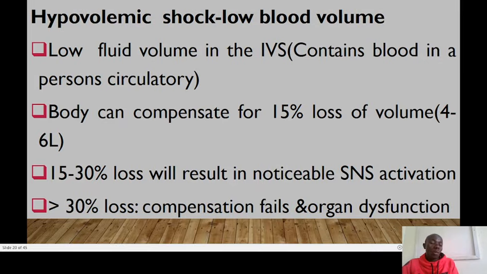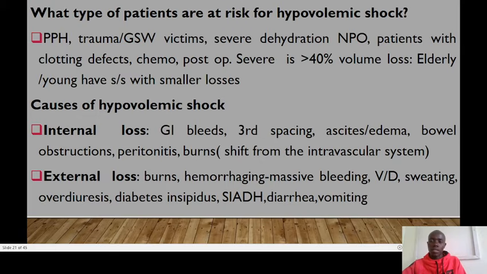Yes, it can compensate for that. But when you have between 15 to 30% loss, this will result in noticeable CNS activation, the sympathetic nervous stimulation. But when it is greater than 30%, compensation fails and organ dysfunction comes in.